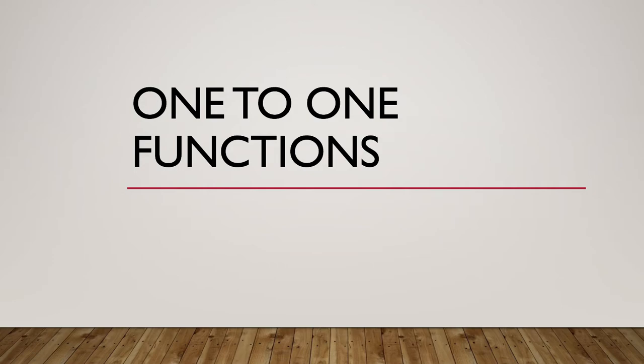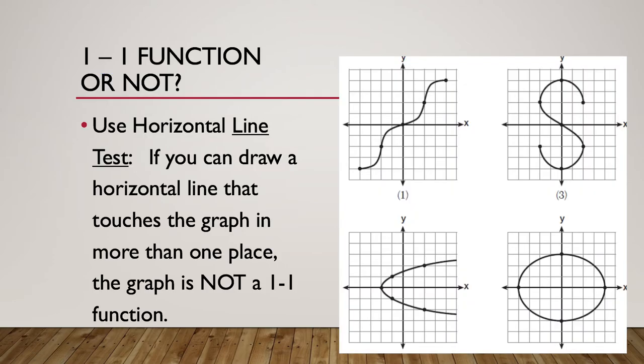So on a one-to-one function, we can use what is referred to as the horizontal line test to determine if a particular function is one-to-one.